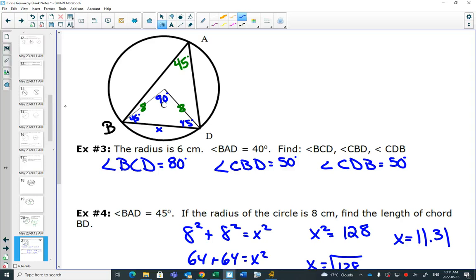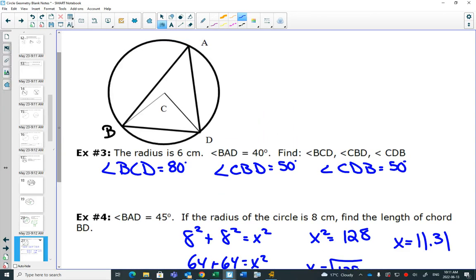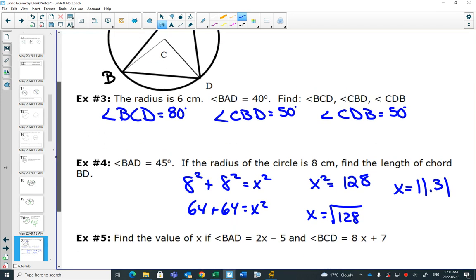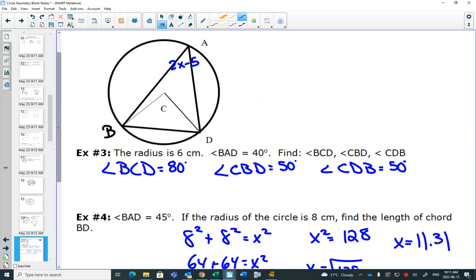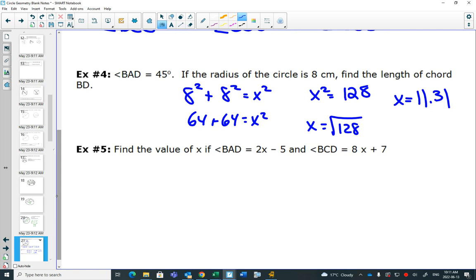Probably that would be nice. So on this question, they're telling us that angle BAD is 2x minus 5, and that angle BCD is 8x plus 7. And we need to find x.